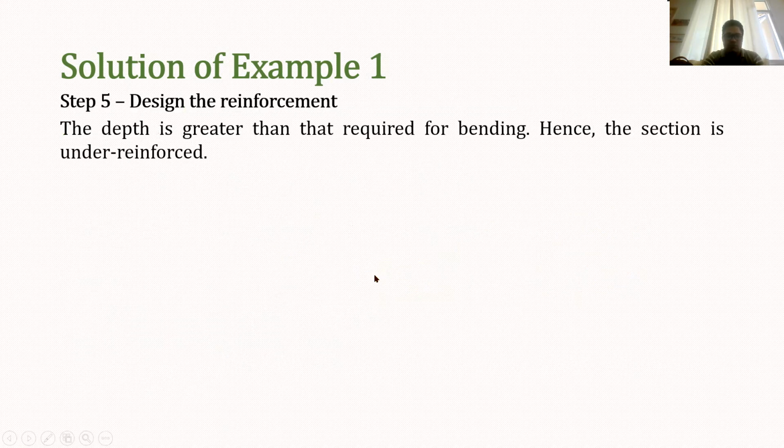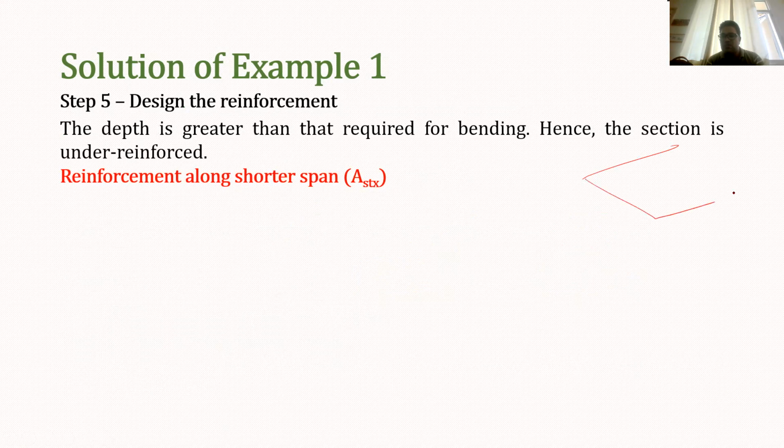So we will use the equation of the under reinforced section to calculate the area of steel. Here in the slab we will find reinforcement for the shorter span, reinforcement for the longer span, and also distribution reinforcement. So we will find three types of reinforcement.